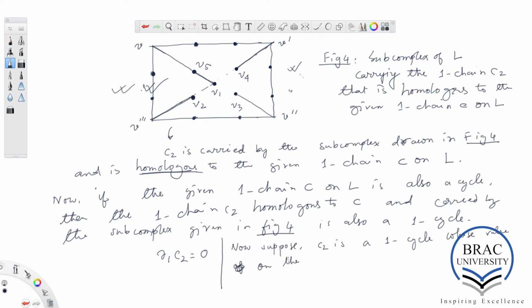the one simplices V comma V5 is a one simplex, right? V comma V5 is an oriented one simplex directed from V towards V5.